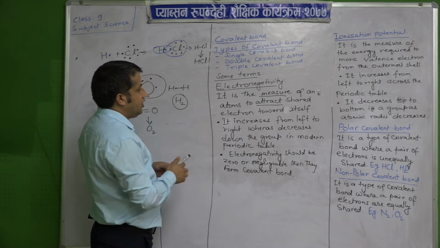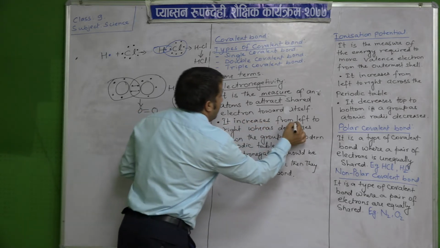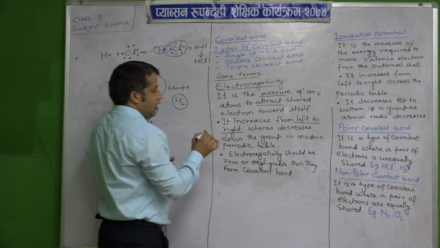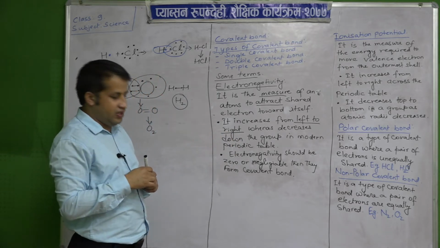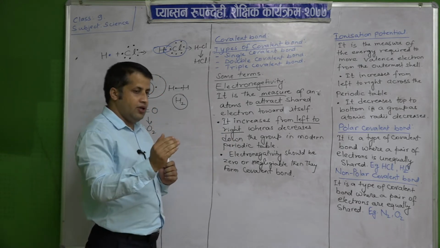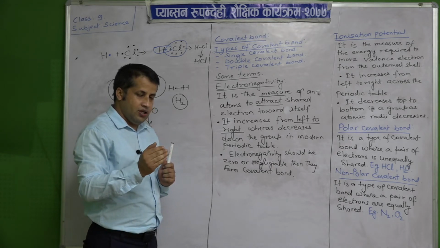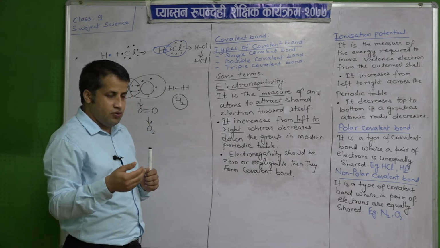Electronegativity increases from left to right in the periodic table. You have studied the periodic table in class 8, and in class 10 also you will study it.